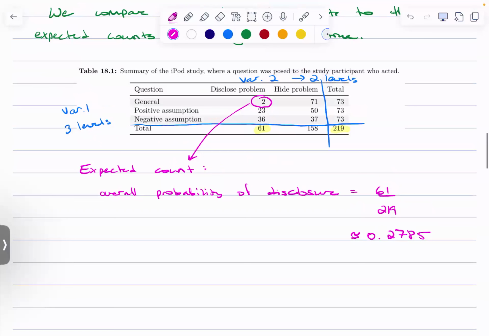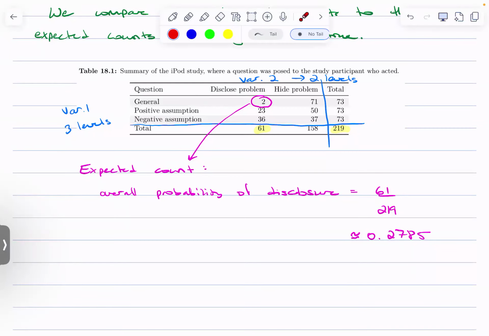Which I can then say, okay, if it doesn't matter which question you were asked, I would expect 27.85% out of 73 to disclose the problem. It's nice because we have the same sample size in each group, and so I would expect the same count across the board. We don't have to have the same sample size in each question, which we'll see.